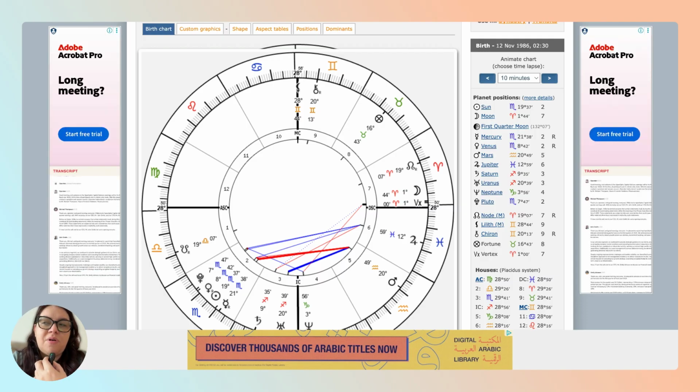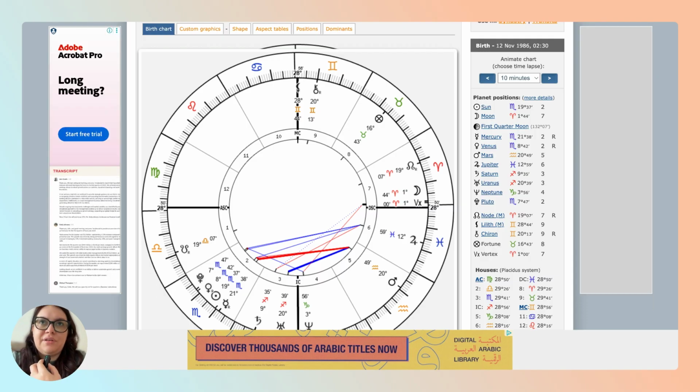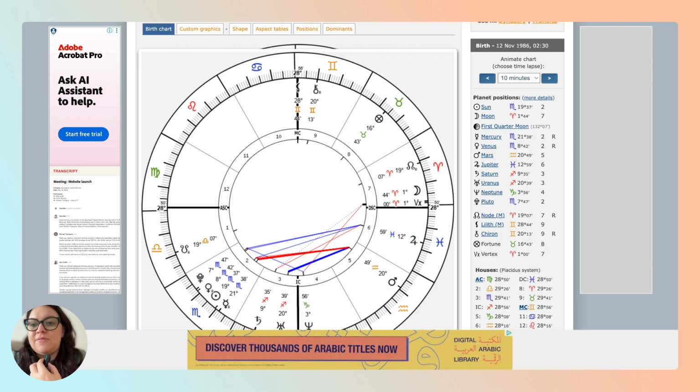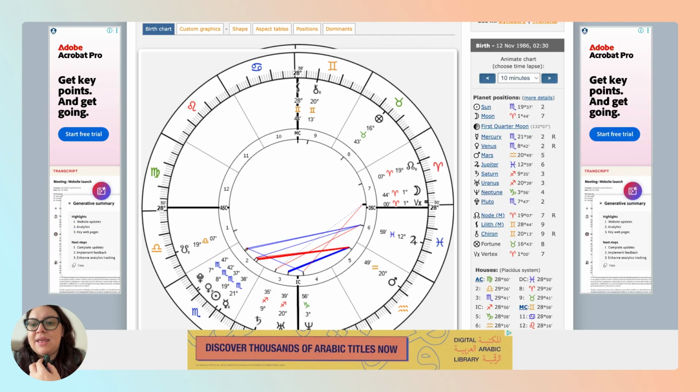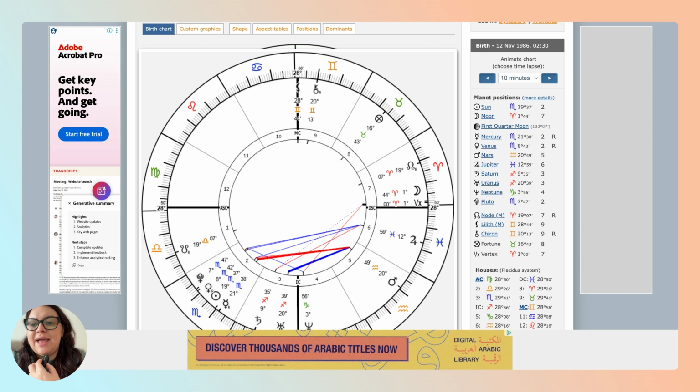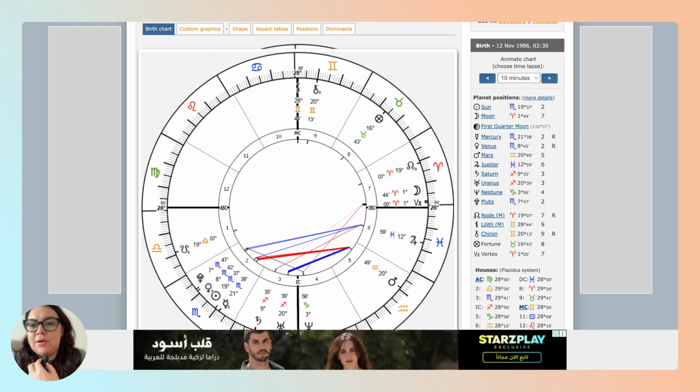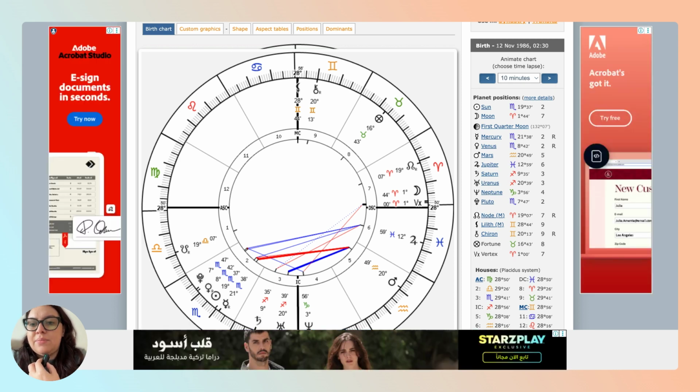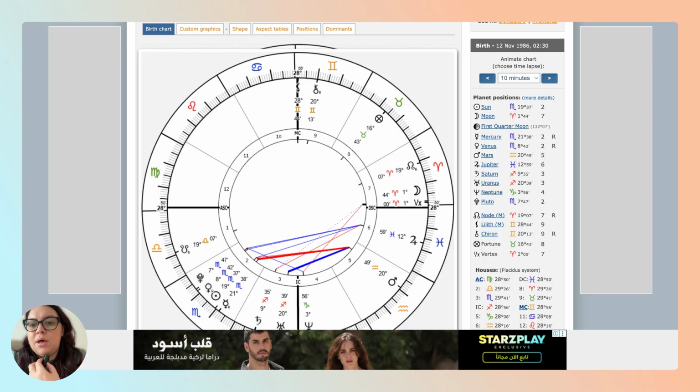The degrees go from 0 to 29, meaning 30 degrees in total: the 5th degree, the 10th degree, the 15th degree, the 20th degree, the 25th degree, and the 29th degree here. So in the middle, you have, of course, 0 at the beginning, then 1, 2, 3, 4, 5.